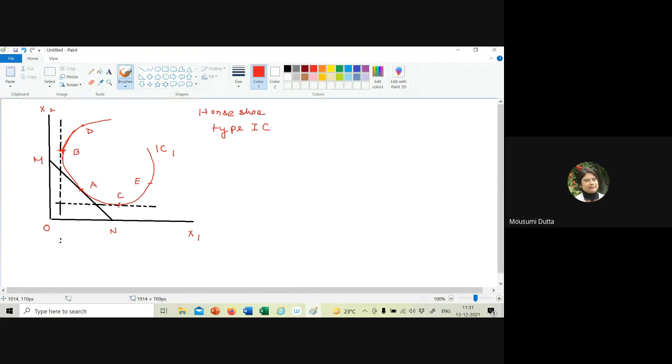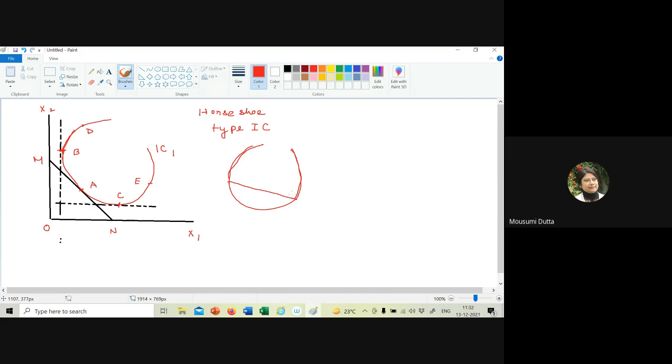However, reaching at B, the indifference curve is becoming positively sloped, and similarly, reaching at C, the indifference curve is becoming positively sloped. So in a particular range, it is negatively sloped, but beyond a certain point, it is becoming positively sloped. This horseshoe kind of shape, I am considering.